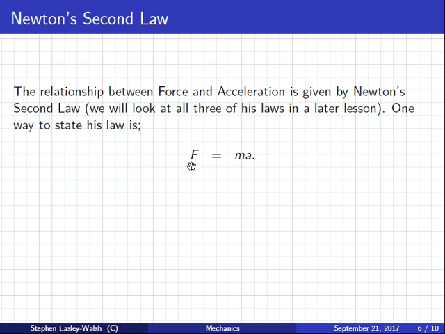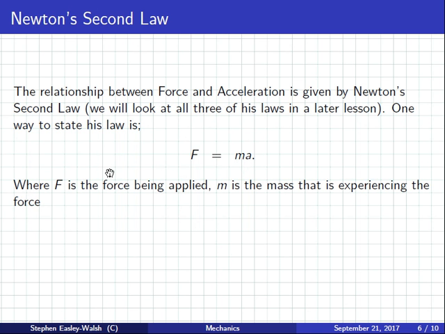So if we know the F and the M, we can know the A. Or likewise, if we know the M and the A, we can know the F. F is the force, M is the mass, and of course A is the acceleration. This is Newton's second law, of course important. You can make sure you definitely have this.